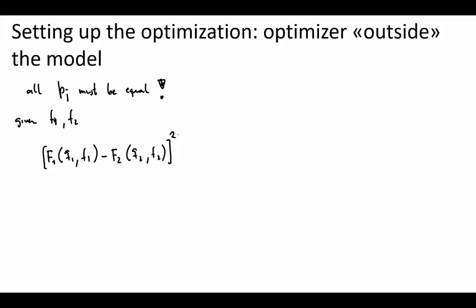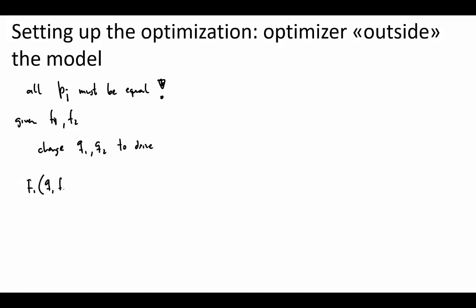I cannot drag with PowerPoint, so I will rewrite it again. Change Q1 and Q2 to drive this equation: F1(Q1) minus F2(Q2), and this one I squared.